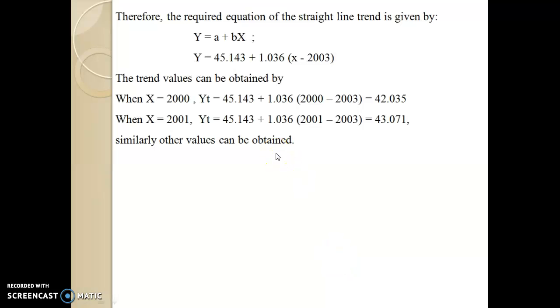Therefore, the required equation of the straight line y is equal to the calculated values put into this straight line.